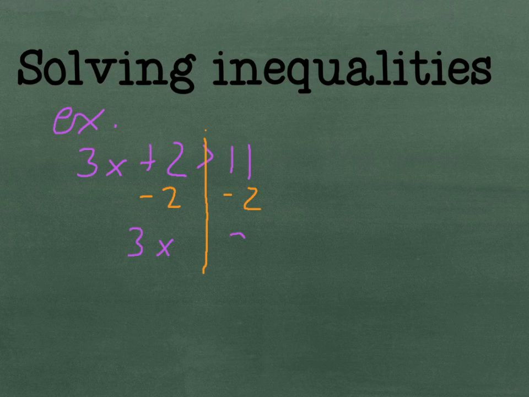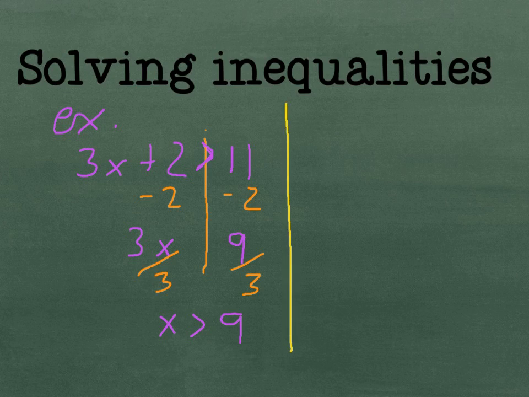So now I have 3x and 9. I still want to finish up with the division. So here I have x and 3. What I need to remember, though, is that originally I started with a greater than sign, and that's what I have to use for my answer. X can be greater than 3. Any number that I put in place of x will make a true statement as long as it's bigger than 3. Let's try another one.